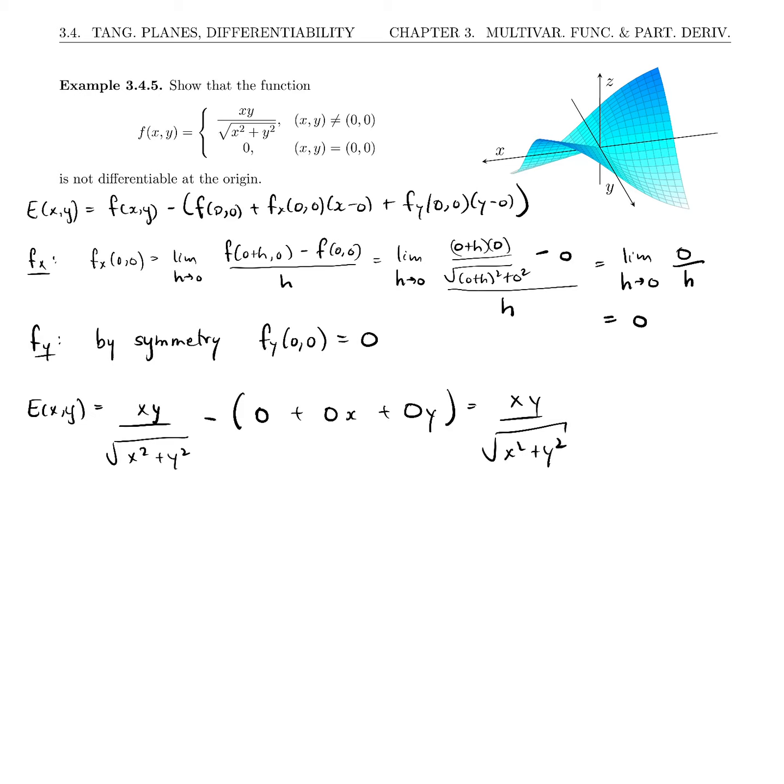Now for differentiability, we need to examine the limit as xy goes to 0, 0 of e of xy divided by the square root of x minus 0 plus y minus 0, both squared.